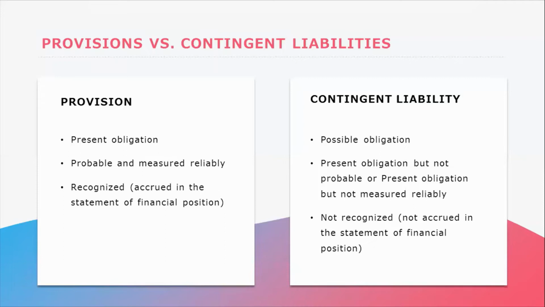Although it is a present obligation, it is not probable or not measured reliably. So, a contingent liability, in short, if it is material, important, this will affect the users of financial statements. That means you disclose it. Disclose means it will be seen in the notes to the financial statements. You narrate there, for example, if we lose a case, it is possible that we will have damages or a liability to pay. So, that is basically the difference between a provision and a contingent liability.